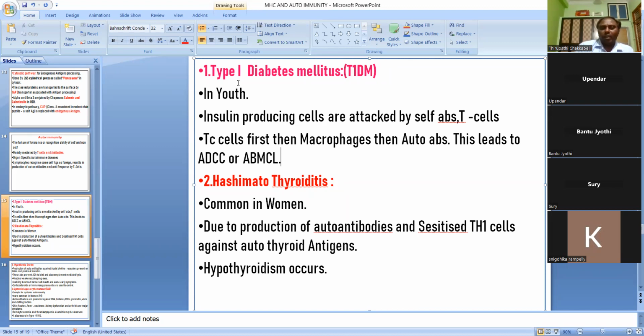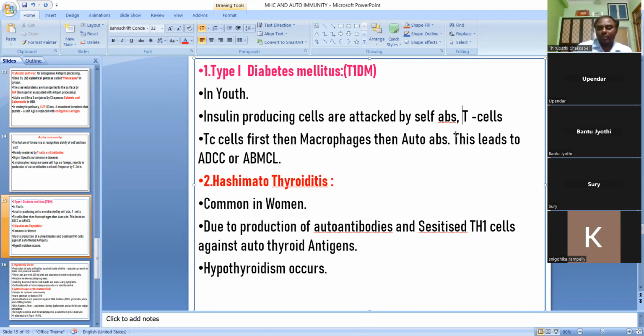So overall, you should remember one point, that it is an autoimmune disease. Reason? Due to the change of surface antigens of pancreatic insulin producing cells, antibodies are produced against our own cells.